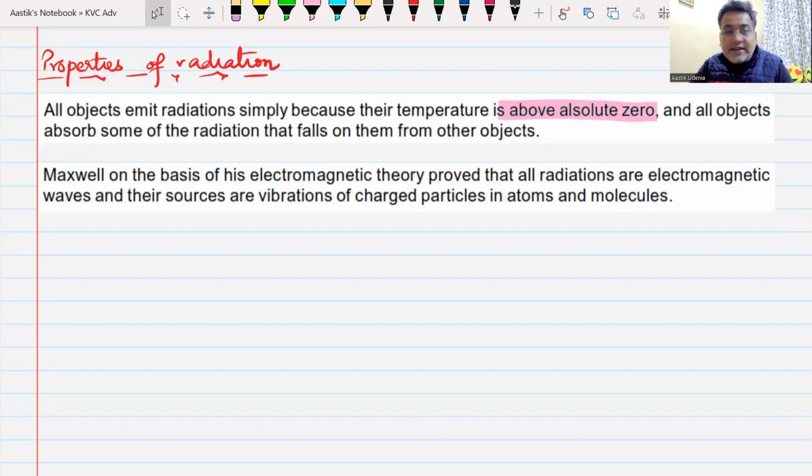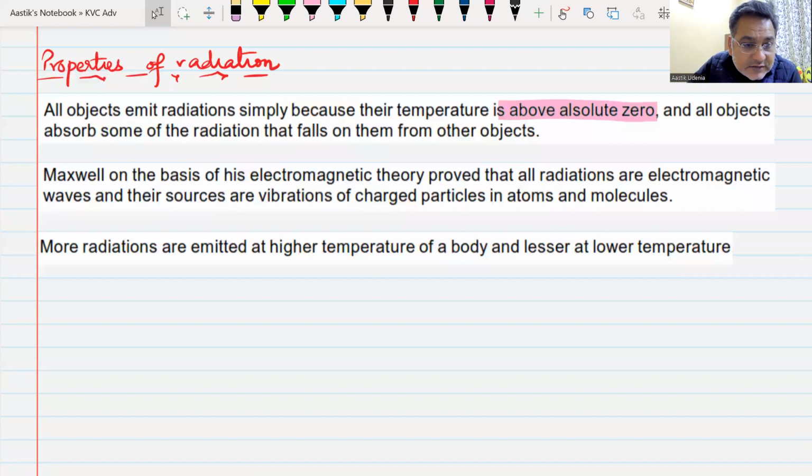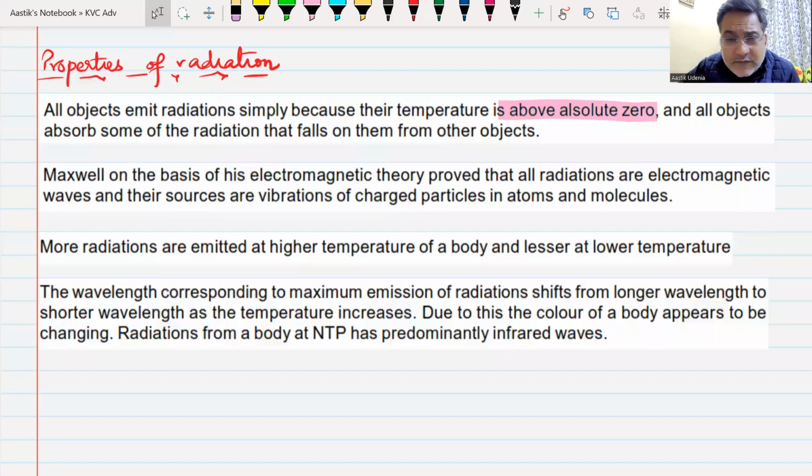A body which is at a lower temperature will emit less radiation. A body at a higher temperature will emit more radiation. We'll see all these things at different points as well. When a body is emitting radiations, it emits radiations of all wavelengths.